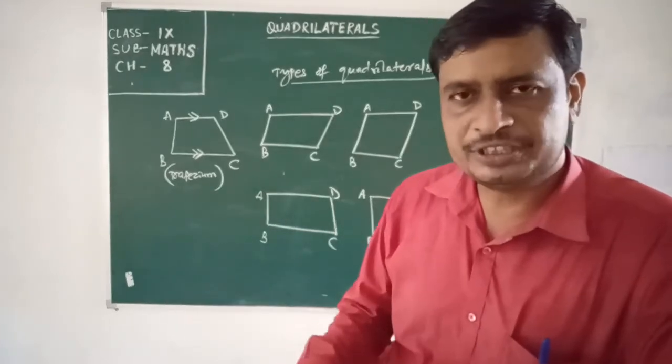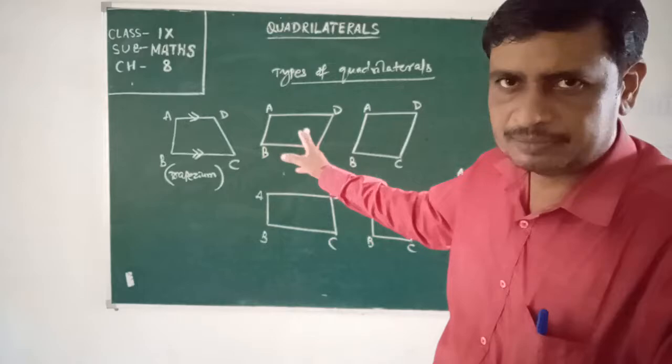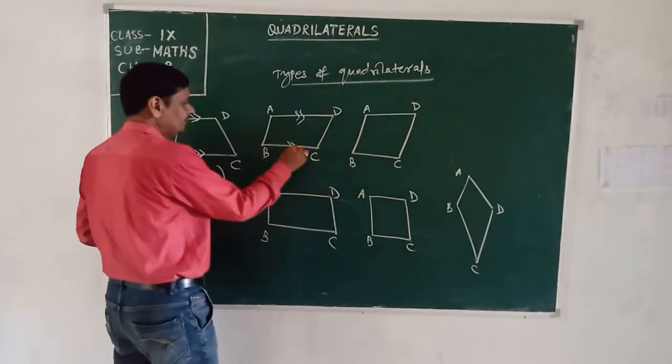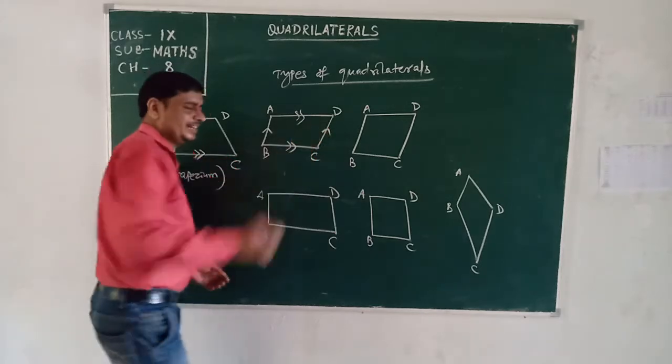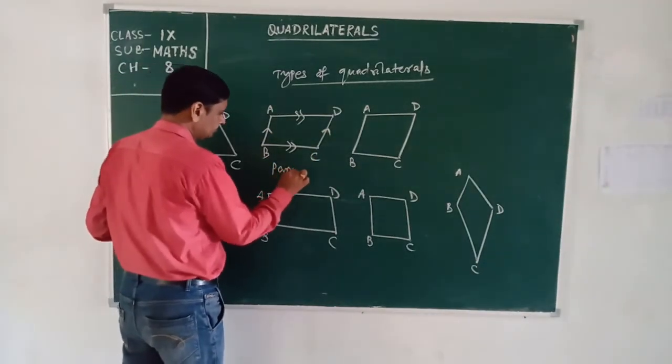If both pairs of opposite sides are parallel, then it becomes a parallelogram. Here in this case, these two are parallel and these two are also parallel. This type of figure is called parallelogram.